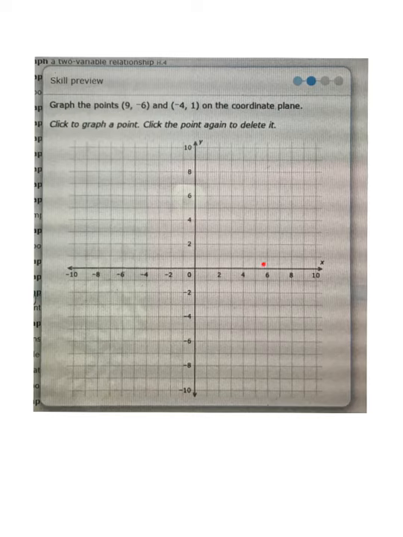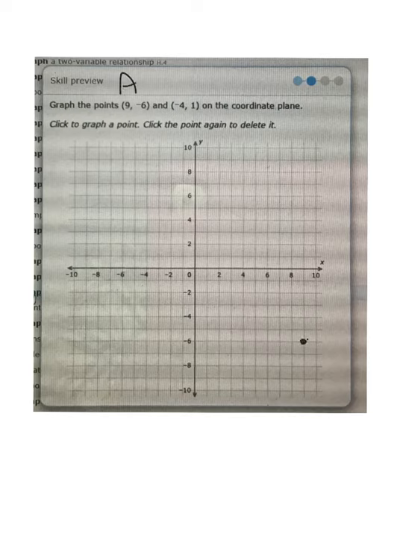So 9, so that's positive 9, so that's over here. Positive 9. Miss Cooper, it's not written there. Well, hopefully you can assume that between 8 and 10 is positive 9. And then it says negative 6. So on the y-axis, we're going to go down to negative 6. So our dot will go right there. 9 and negative 6.